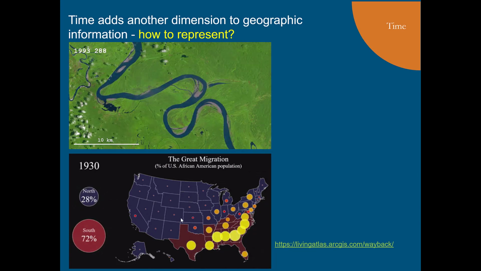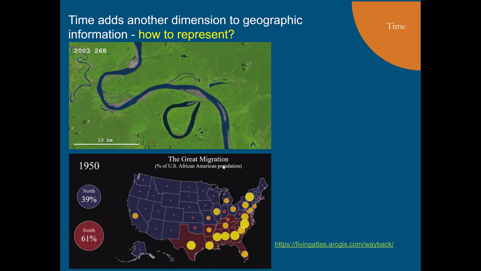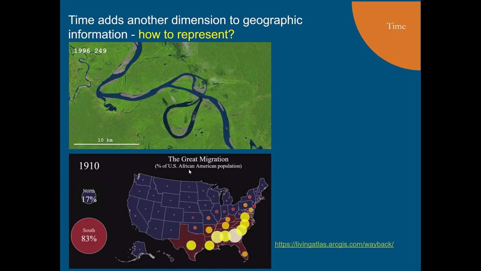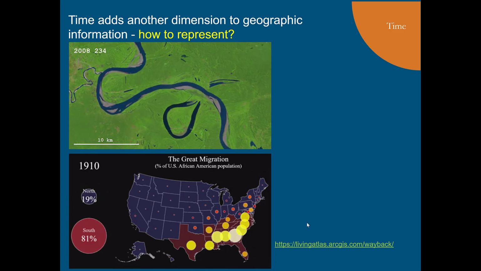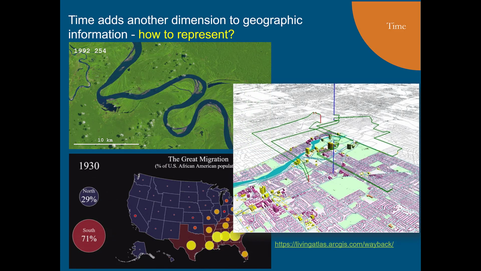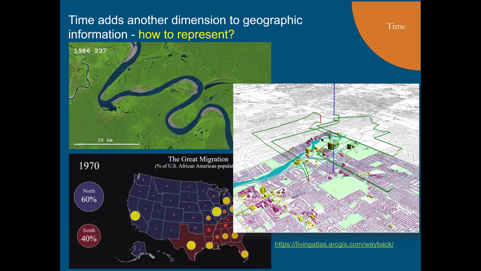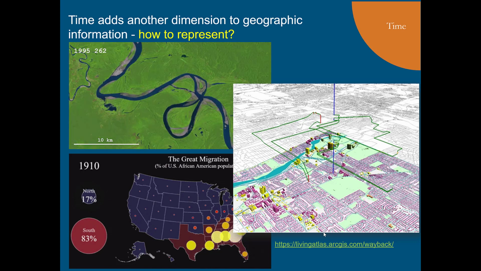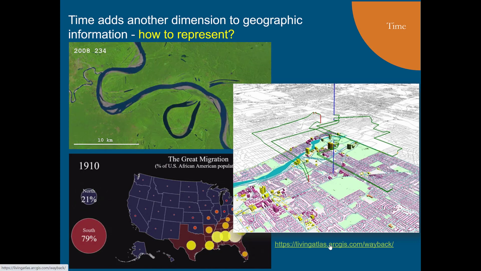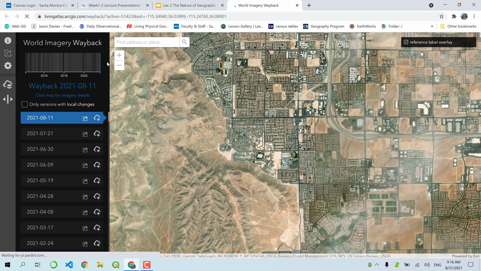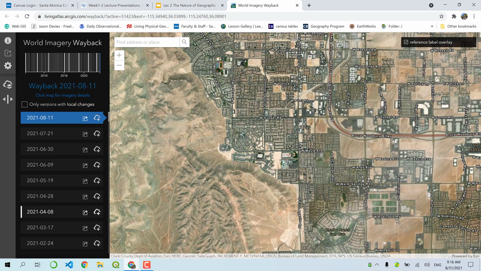And here is a change of migration in United States, the percentage of U.S. African American population change over time. And this is one person, her daily routine in her city. And you can also click on this Living Atlas of the World I shared with you last time. You can see how things change on our surface.